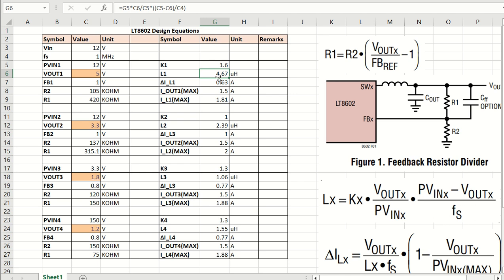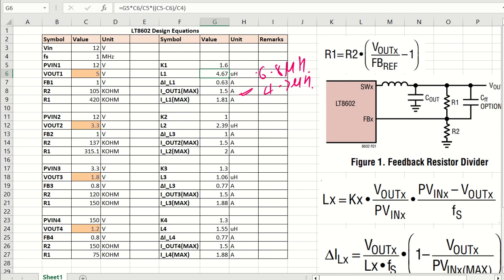If you see, the L1 value is coming to be 4.67 microhenry. Your aim must be to utilize a value greater than or equal to this. We have considered around 6.8 microhenry, or 4.7 microhenry will also do. Similarly, you have to understand what is the maximum output current that you are looking for.